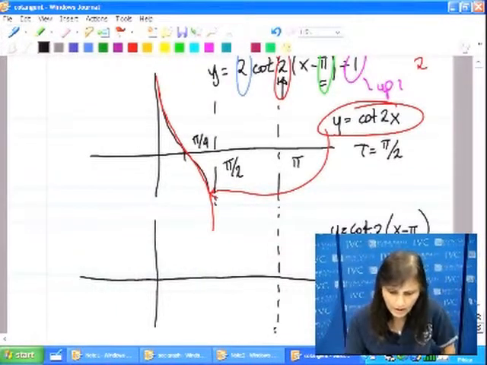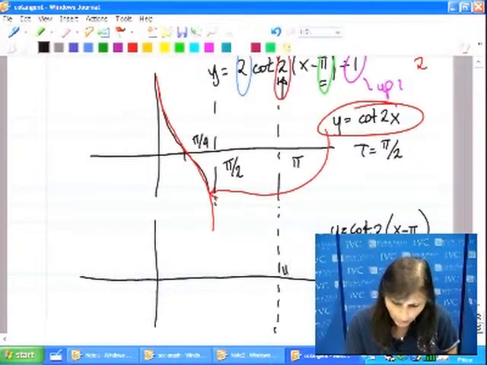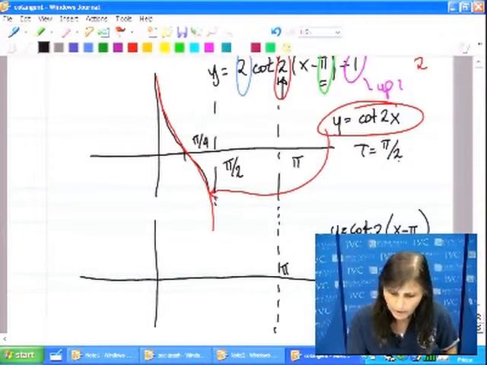It will start at pi, and then it will have a period of pi over 2, so you add pi over 2 to it, giving 3 pi over 2.